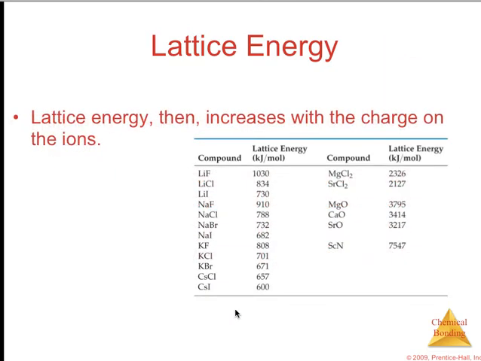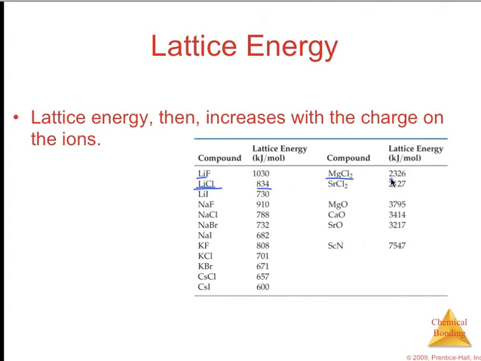So lattice energy. If you notice, the charge of the ions was in the numerator. So as the charge increases, so does the lattice energy. If we look at lithium compared to magnesium chloride, that's 800 kilojoules.